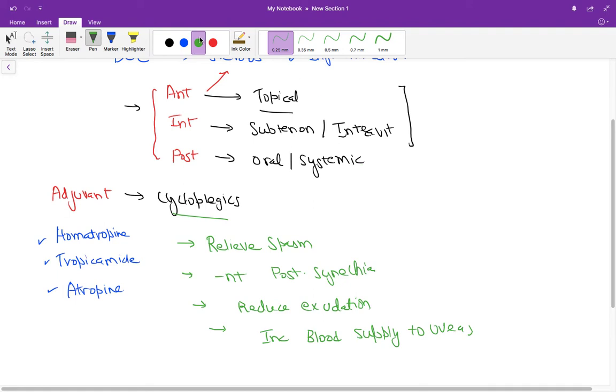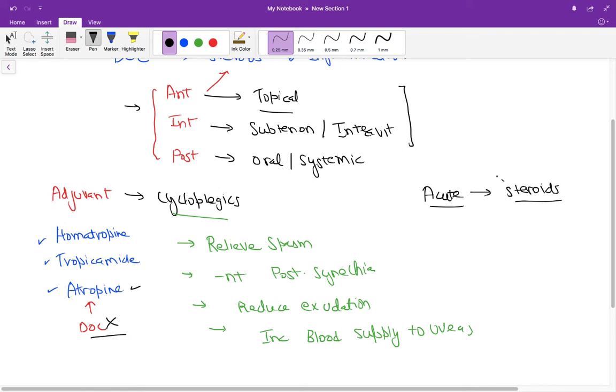Now some students ask me why atropine is not the drug of choice for the acute anterior uveitis. My answer is no. Remember, even in the acute uveitis, unless you give the steroids, there would be no decrease of the inflammatory part, and even if you use atropine, it may not be able to reach the anterior chamber in sufficient concentration because there is a lot of inflammation and there may be a corneal edema also.